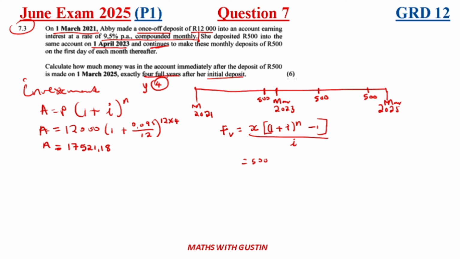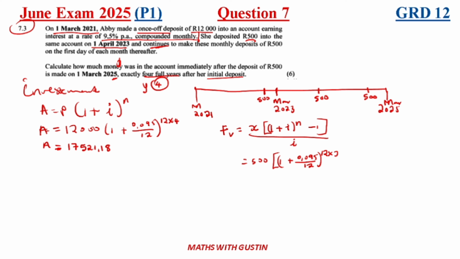So 500, we deposit it incrementally, at the very same interest, 0.095 over 12, but for how many years now? Think about this very carefully. Abby started doing this in April 2023. So 2023 to 2025, in between there are just 2 years.